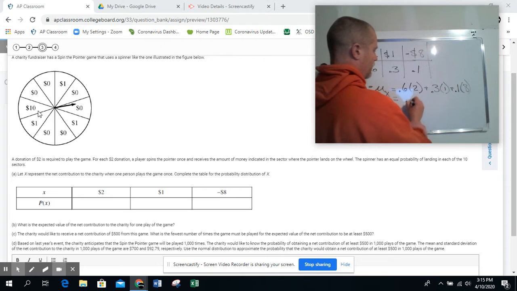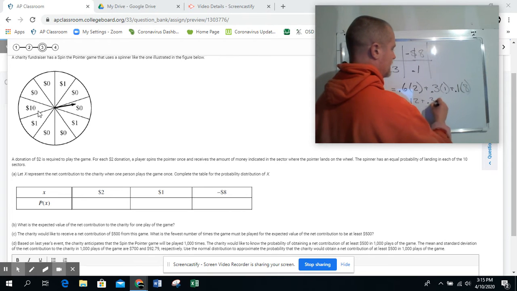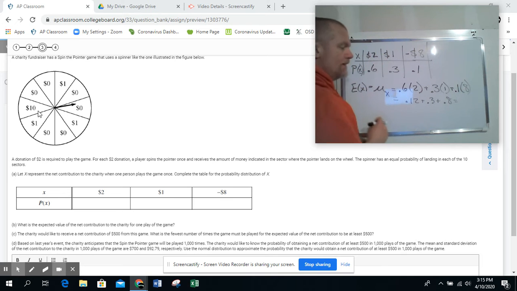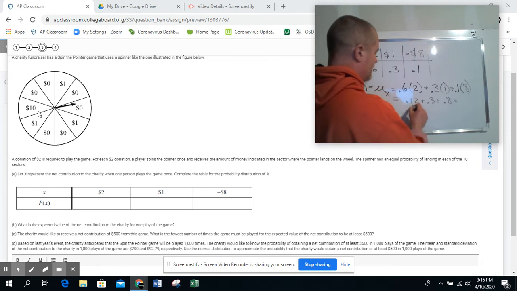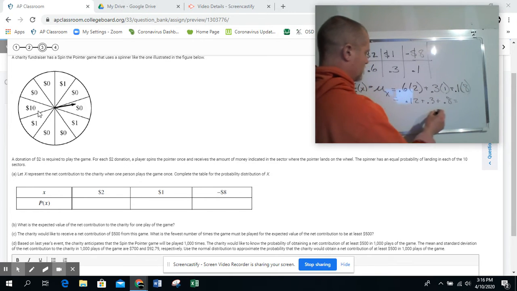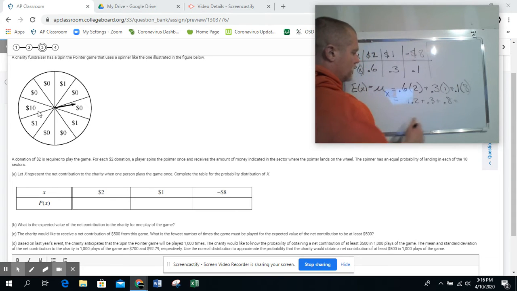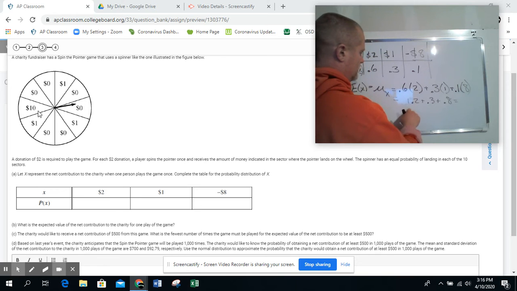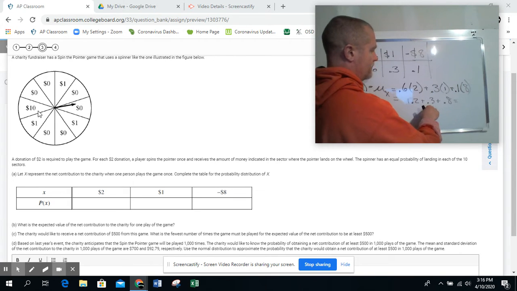So this is going to be 0.6 times 2, which is 1.2, plus 0.3, which is 1.5.